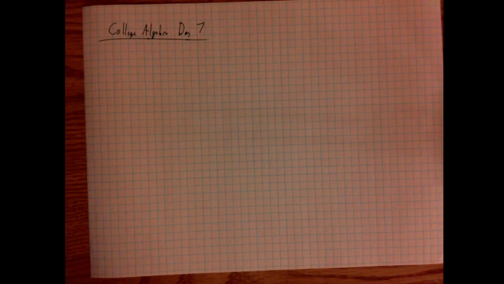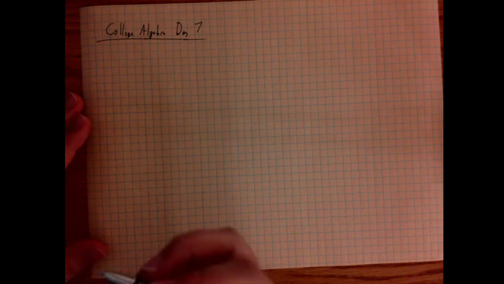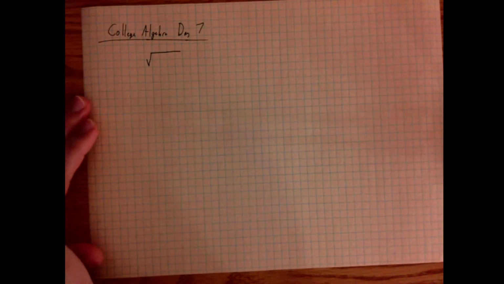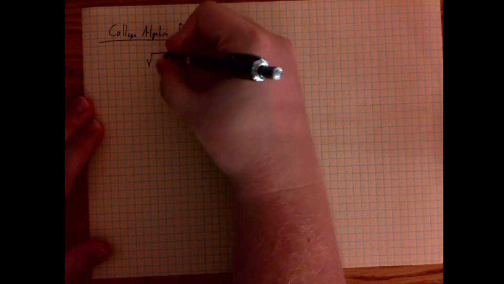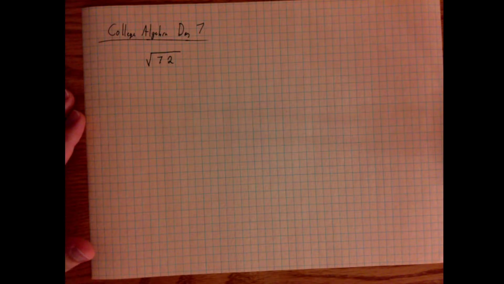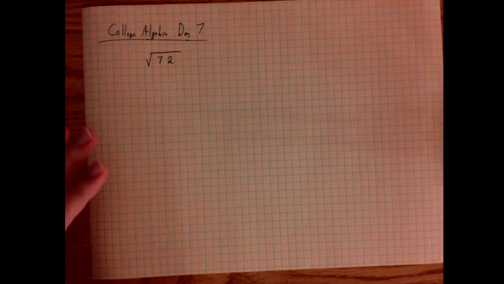Okay, first couple things to note. In case you're unaware, a radical is any statement inside of a square root. So for example, if I have the radical of 72. Now, a few details about any radical. When it comes to a radical, there are certain components that are named and certain components that are talked about.